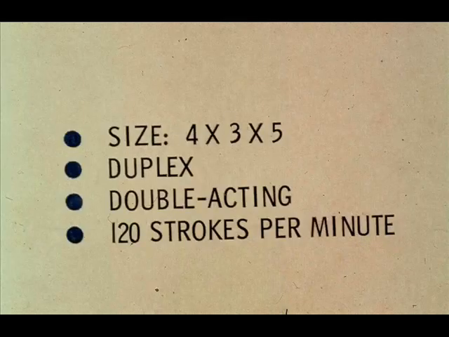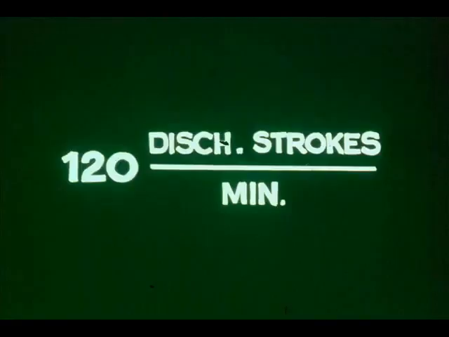Suppose the 4 by 3 by 5 pump we've been talking about is a duplex, double-acting pump making 120 strokes per minute. A duplex, double-acting pump discharges on each stroke. This pump makes 120 discharge strokes per minute.